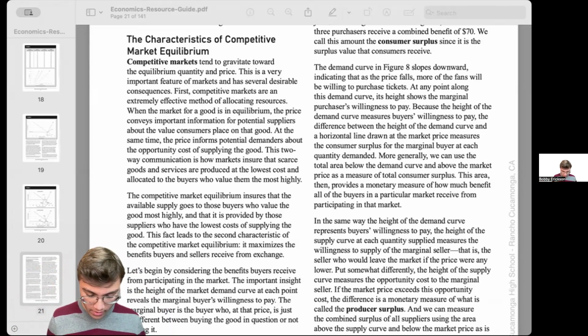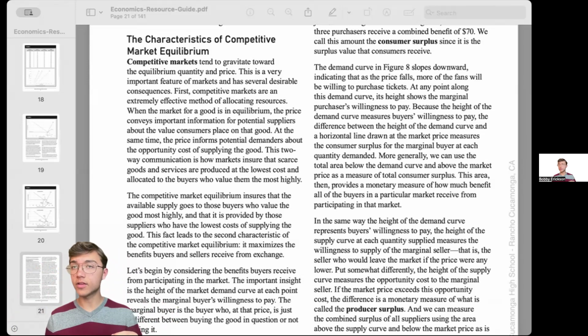And so the price is showing the potential suppliers, hey, this is what your customers are going to be willing to pay for your good. And so it gives them that information. And then also the price informs those demanders about, well, what am I giving up in order to buy this good? So what is your opportunity cost?